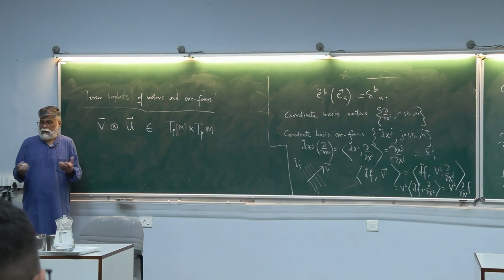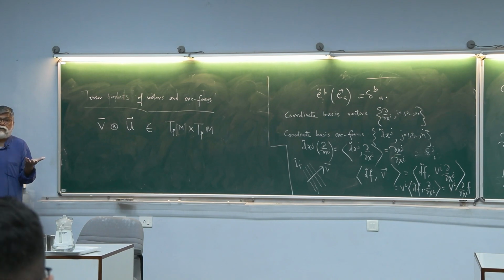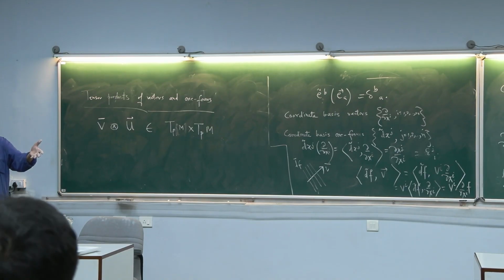Someone will say, you have defined this symbol, but what does it mean? Its meaning is, what do they do when they act on functions? Vectors, when they act on functions, produce numbers.